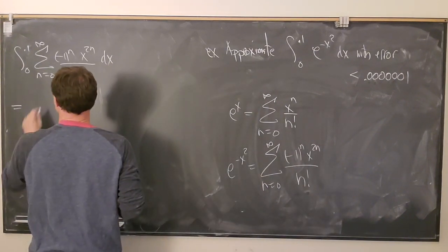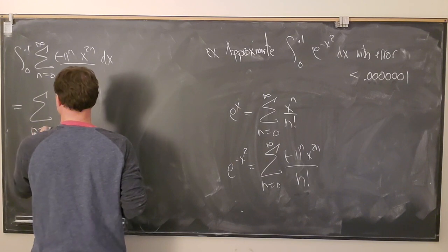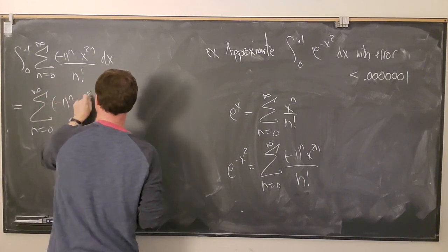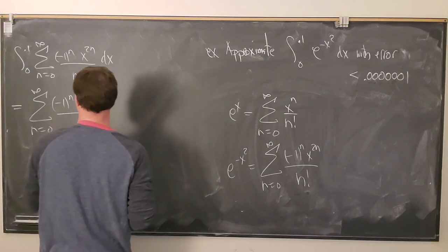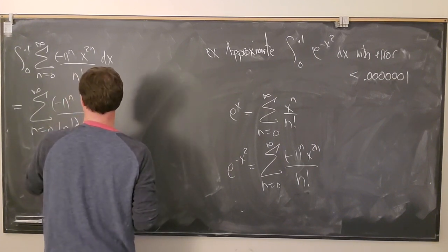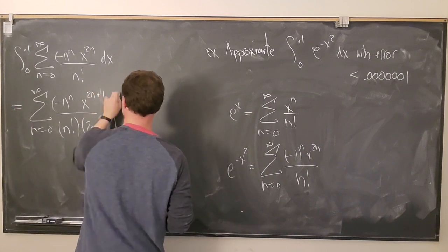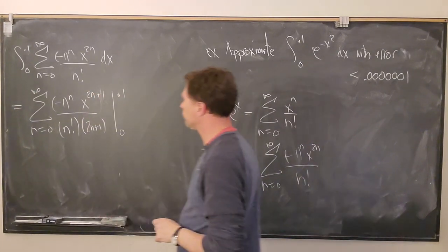That's going to equal sum n equals 0 to infinity, minus 1 to the n, x to the 2n plus 1 over n factorial times 2n plus 1, and we're going from 0 to 0.1.